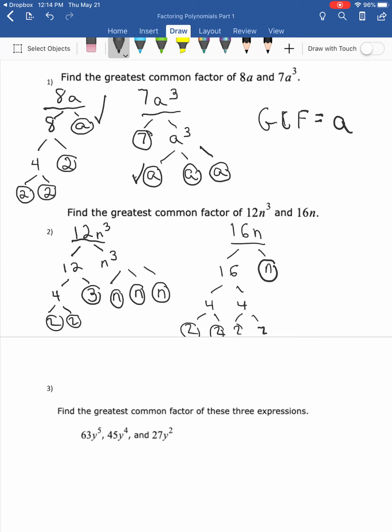And all 4 2's are primes. All right, let's see what they have in common. So they share 1 n. And how many 2's do they share? They share 2 2's. So the GCF is going to be 2 times 2 times n, which is 4n.